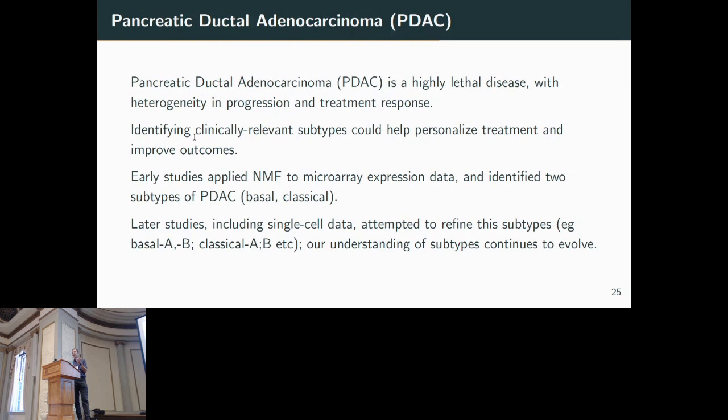Doing that is complicated by the fact that the data contains strong patient effects. If you just run a t-SNE or UMAP or some kind of clustering on this data, what you see is that the cells cluster by patient, which obscures any commonality that some of the patients may have in common.